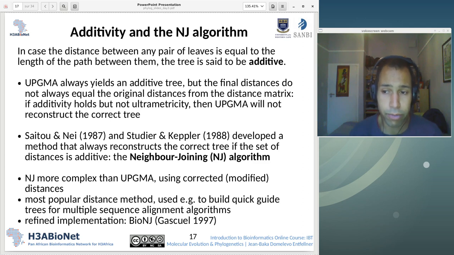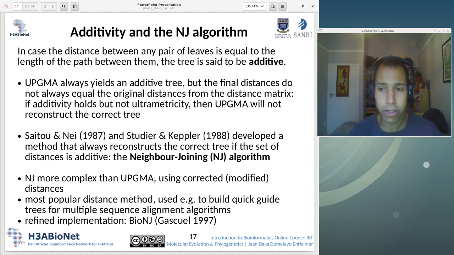You've had a module on multiple sequence alignment as part of this IBT course, and you must know that most methods of multiple sequence alignment are progressive. So they build a progressive model and they align new sequences to this model gradually, while they are going along the branches of a guide tree.